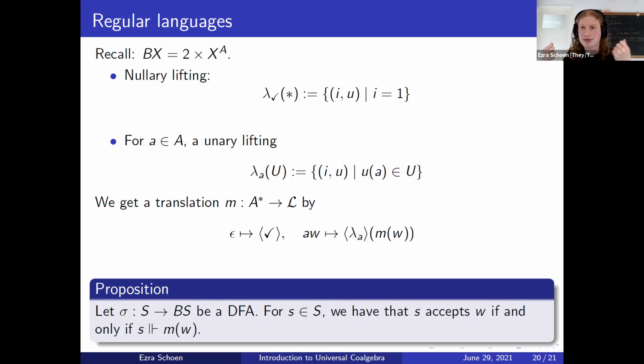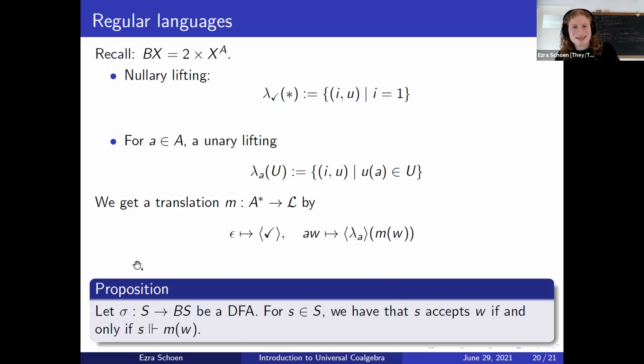S accepts epsilon, the empty word, if and only if it's an accepting state, if and only if it makes the nullary modality acceptance true. And then you just do induction over the length of the word, and it works out very nicely.